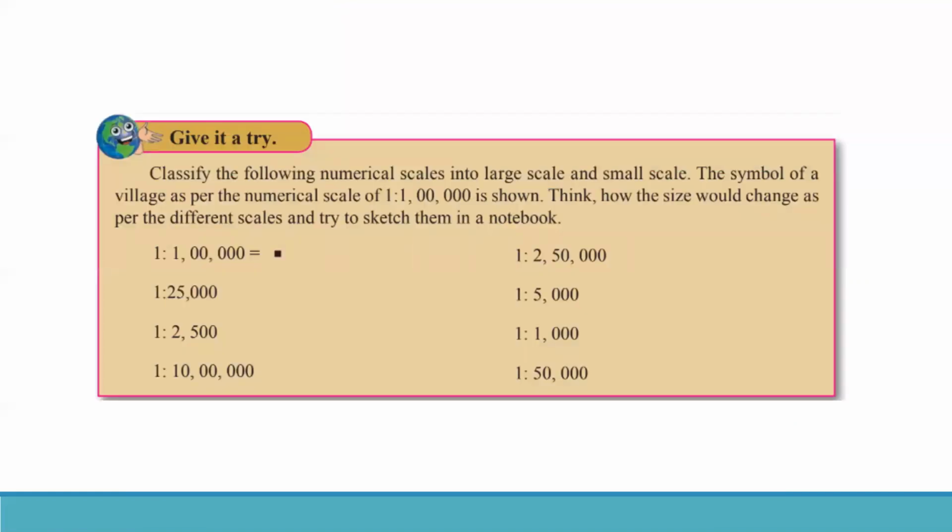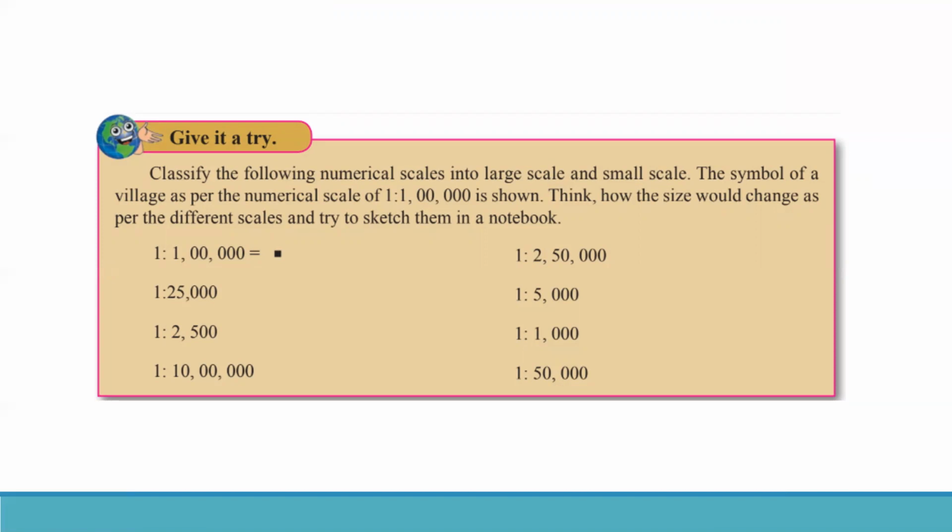Now, on the basis of these values that are shown, let us try to categorize them into large scale and small scale. Let's classify them. Now, the first one, 1 is to 1 lakh. So what do you think is this value? The value is more. So automatically, what will be the type of map?